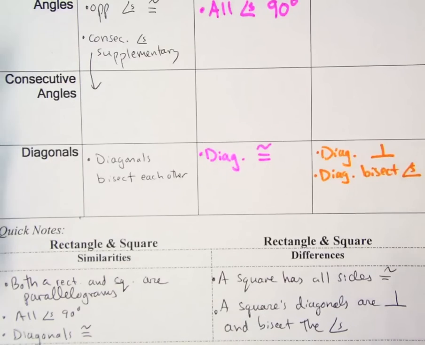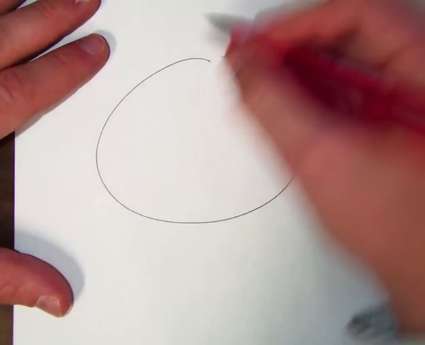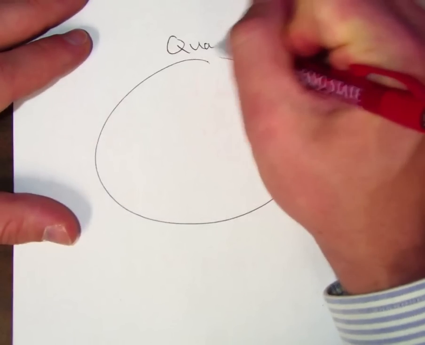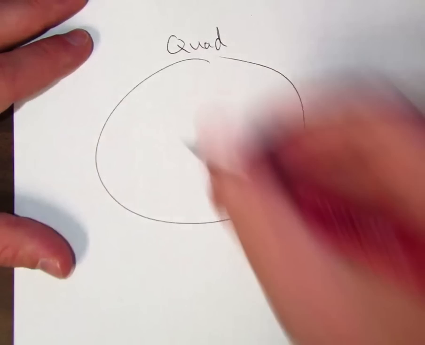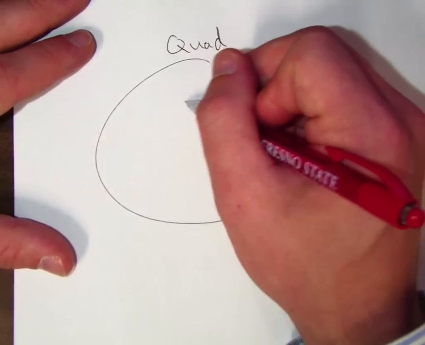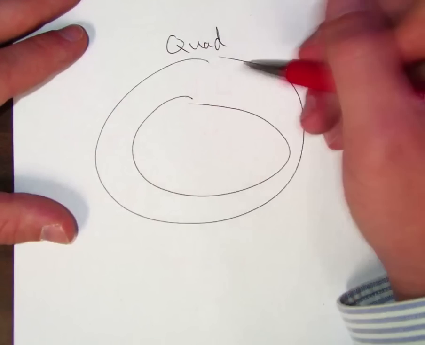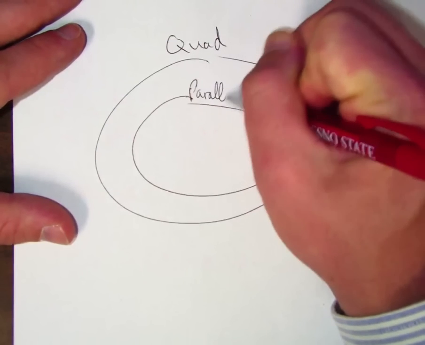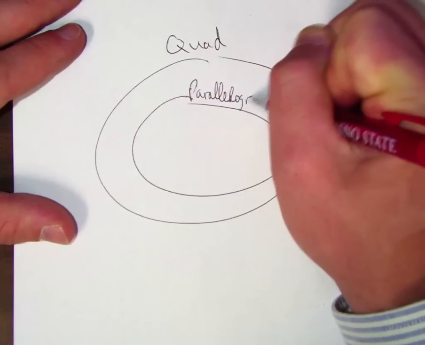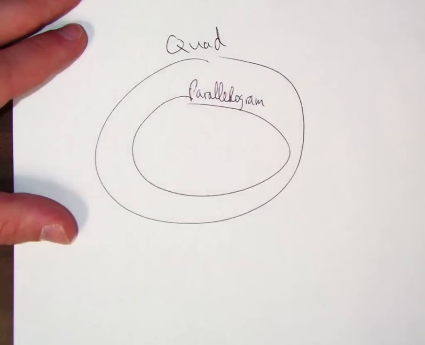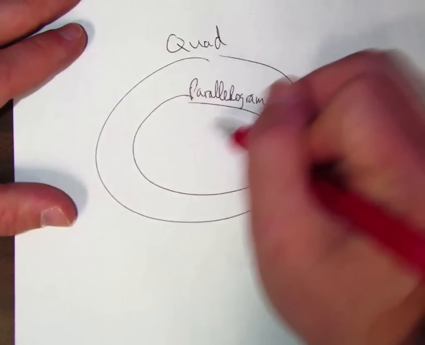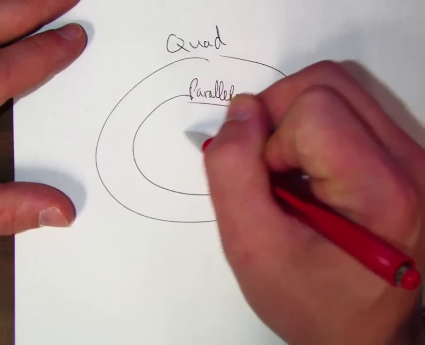Okay, so I just want you to think about this. If everybody in this group is a quadrilateral, having four sides, then this next group right here might be those quadrilaterals that are parallelograms. But then there are parallelograms that have all their angles that are 90.